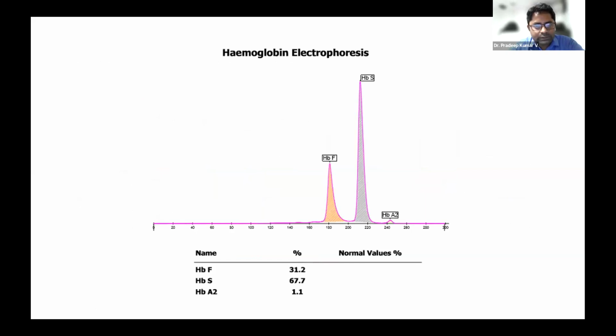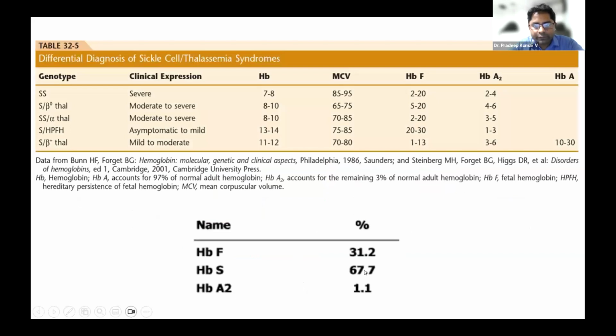Just to bring back why electrophoresis cannot be reported alone, let's say we have this example of F being 31, sickle being 67, A2 being 1.1. If we match this data of F being 31, we almost might call it HPFH based on just these two data points.